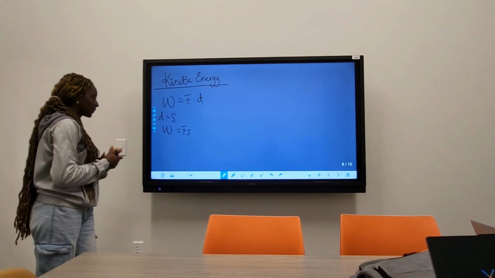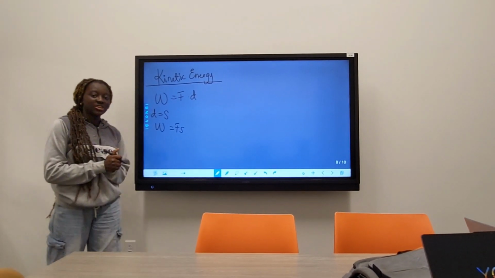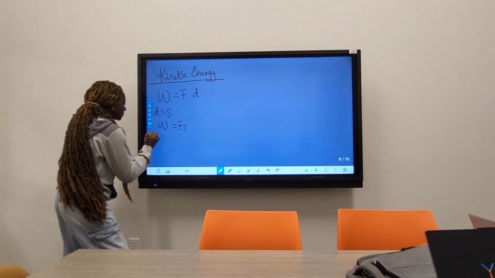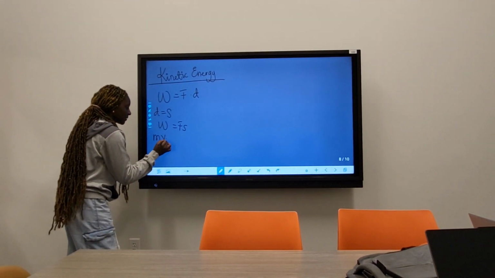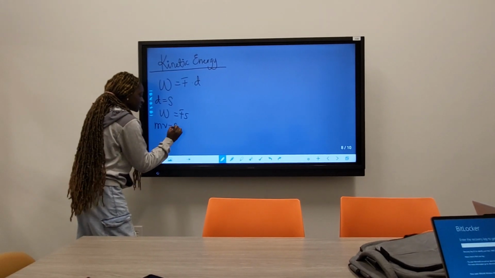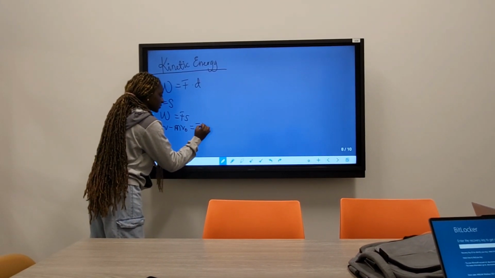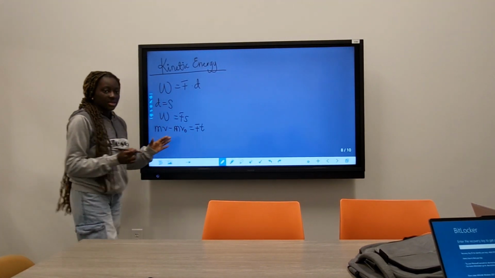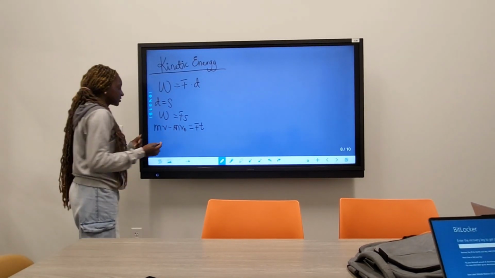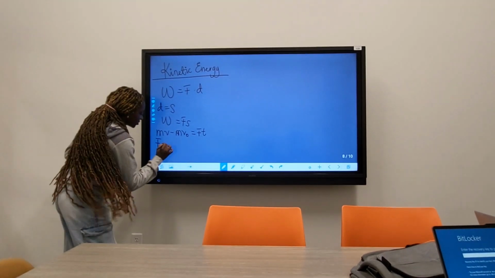Okay, so from our previous knowledge on change in momentum, we know that we have the mass times the final velocity, minus the mass times the initial velocity, equals Ft, which is force times time, also known as the impulse. So we are going to make force the subject in this equation.